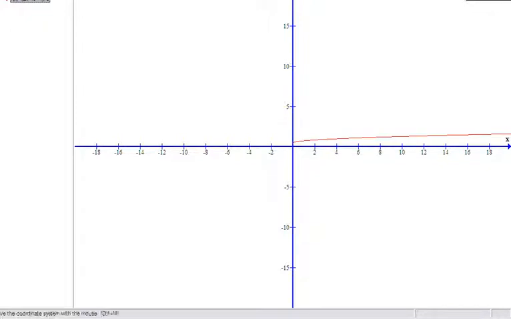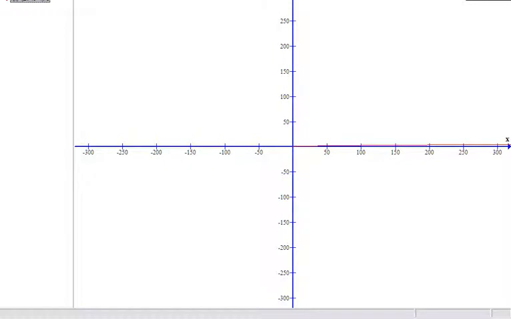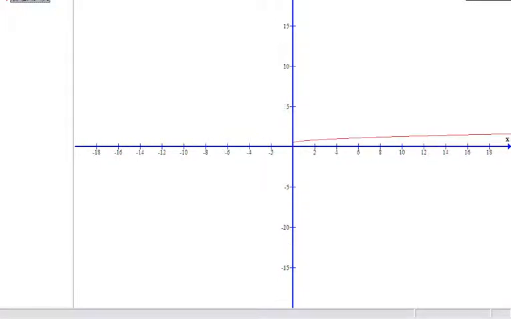Zoom way out, okay. Okay, well, is there another feature possibly on this graphing utility that I could use? I mean, because I can zoom way out, but then this thing starts looking kind of flat. Okay, I could plug a big number into the equation.